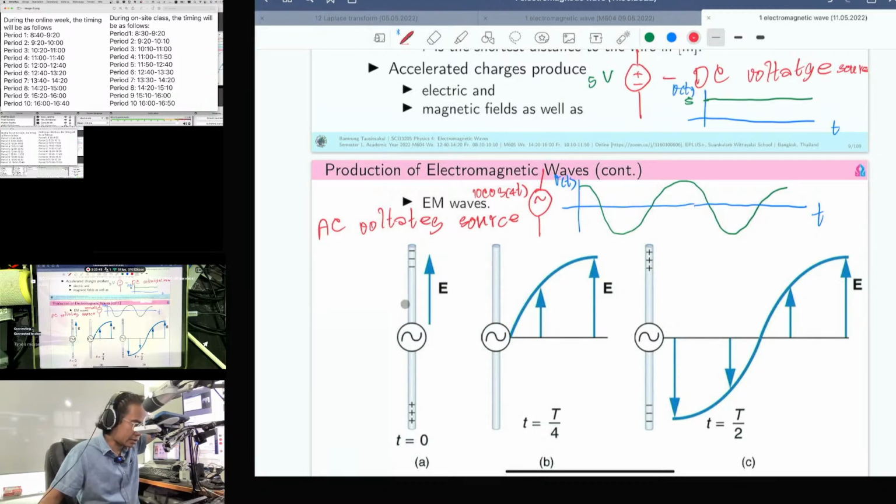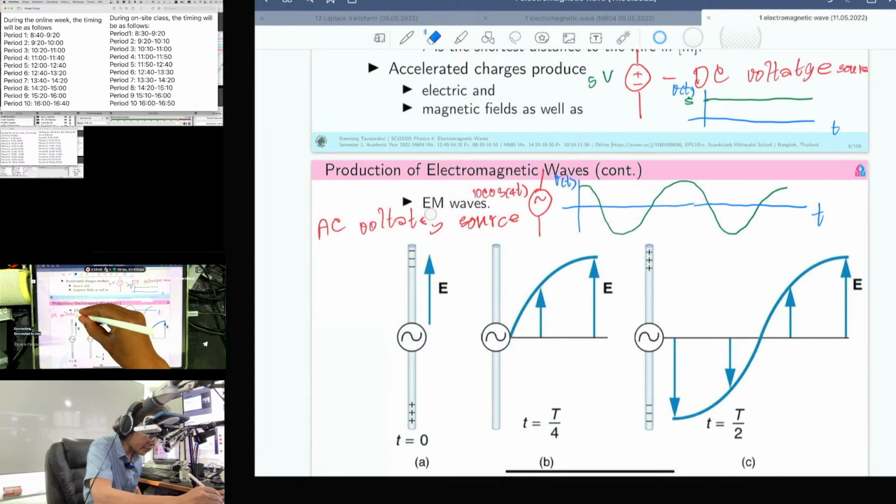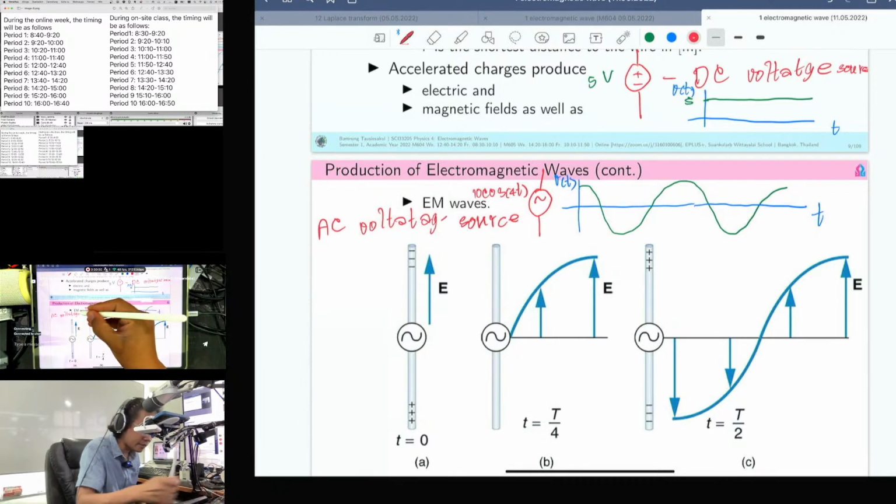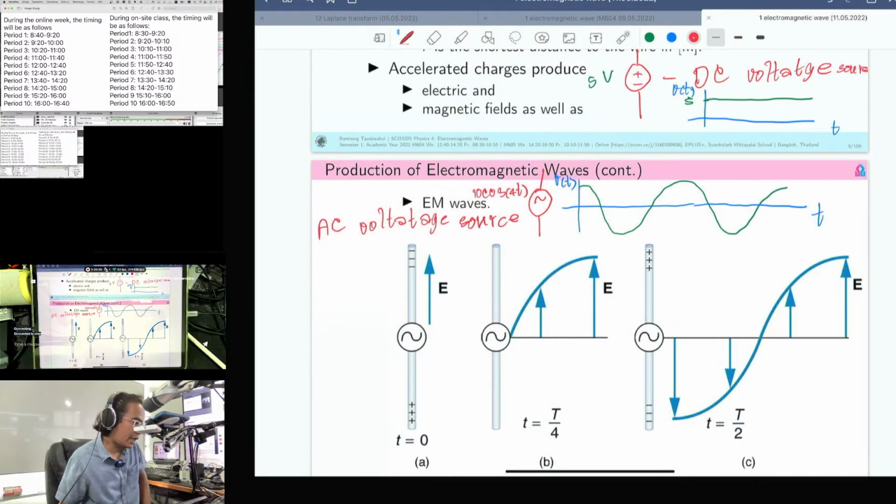Let's say the bottom end of this conductor Y is driven by this AC voltage. The AC voltage will give you, at time equal to 0, a positive value at the bottom end of the long conductor.